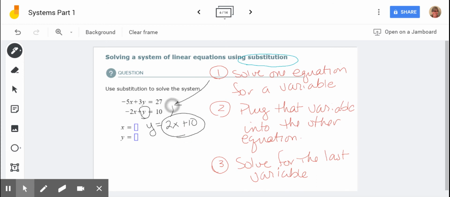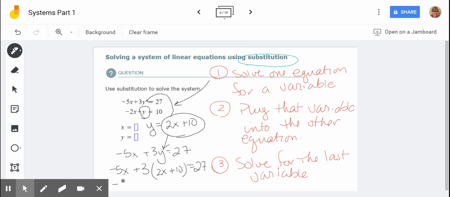So I'm going to take that y and I'm going to plug it into the first equation. So it's going to be negative 5x plus 3y equals 27. Okay, negative 5x plus 3, and instead of y, we're going to put in 2x plus 10. That's the substitution.